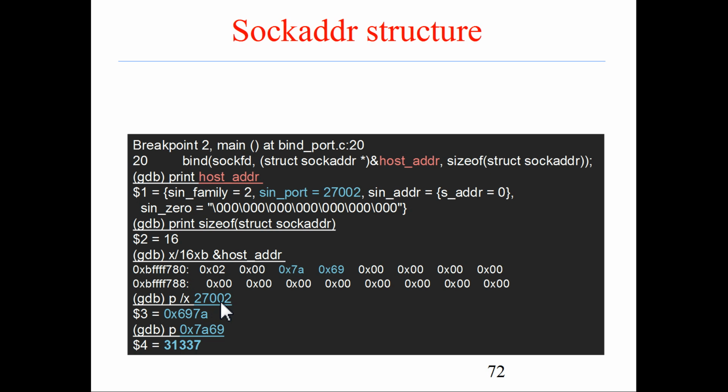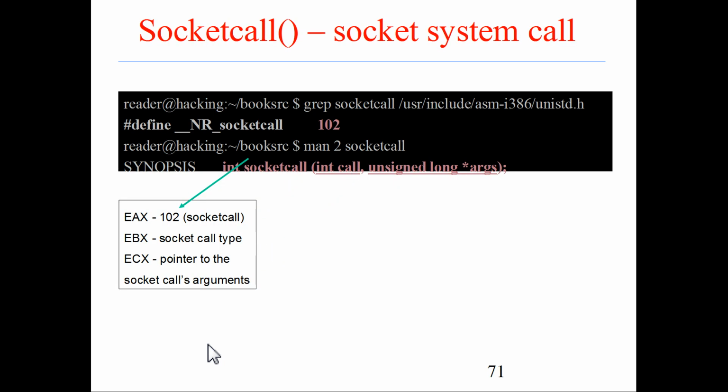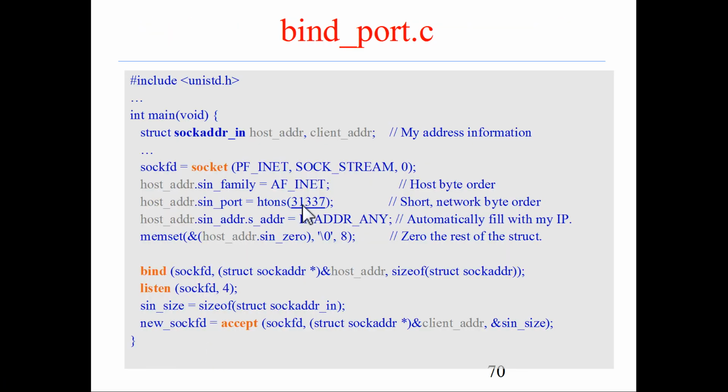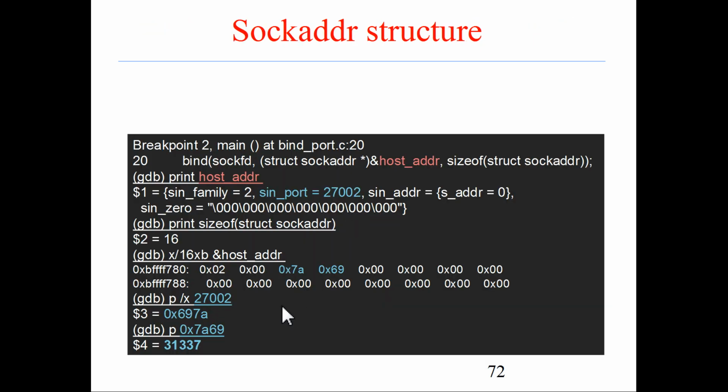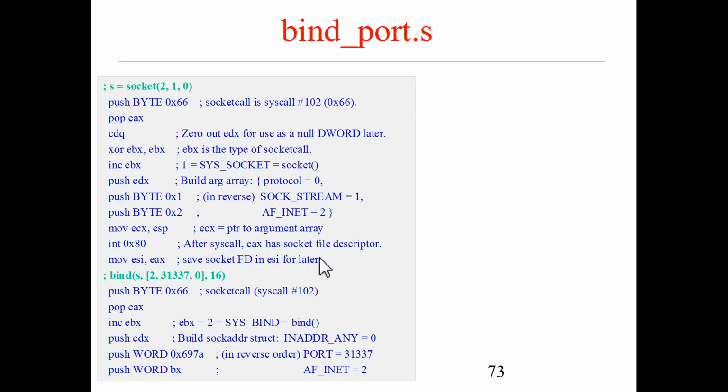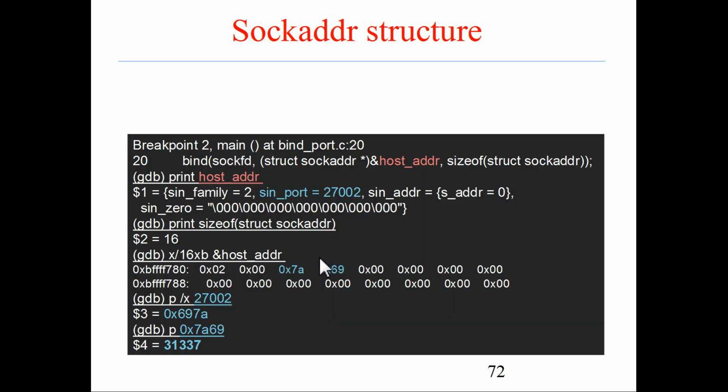That's why 697A is actually 27002, and if you undo the reordering, it's going to be 7A69, which is 31337. If you're trying to understand why this port specified does not match the one that was immediately recognized, that would be why.